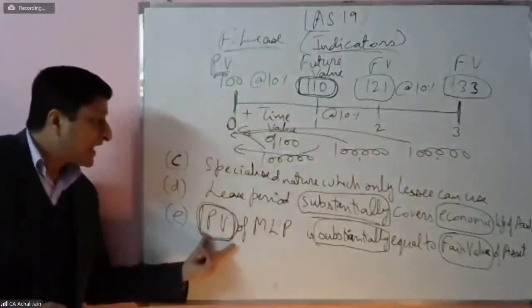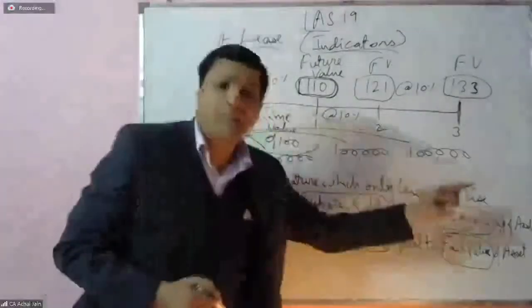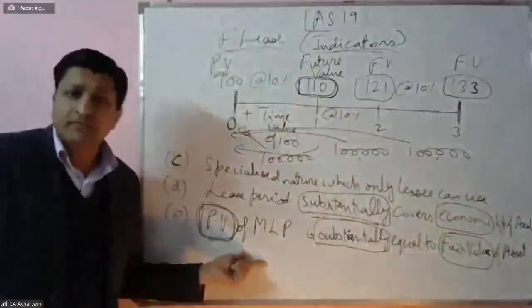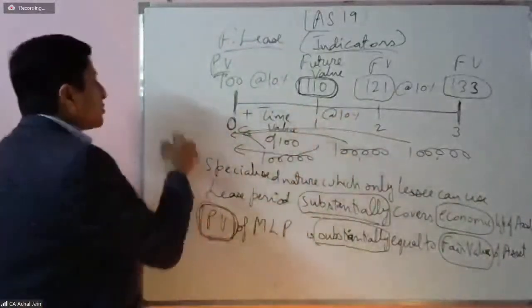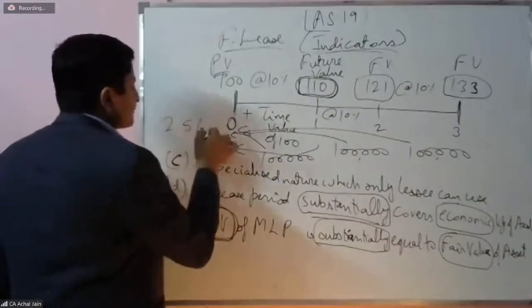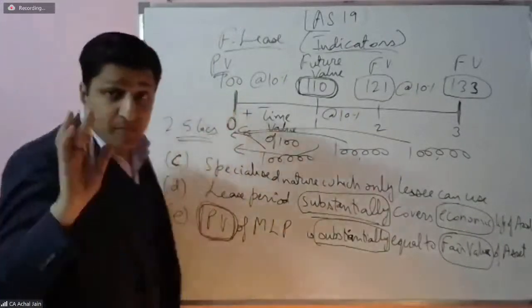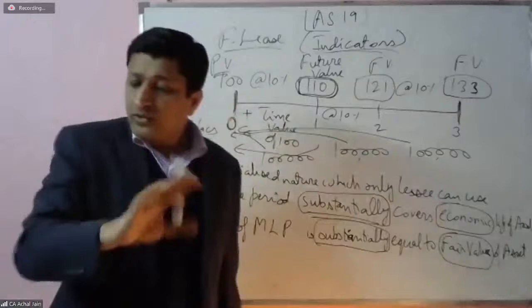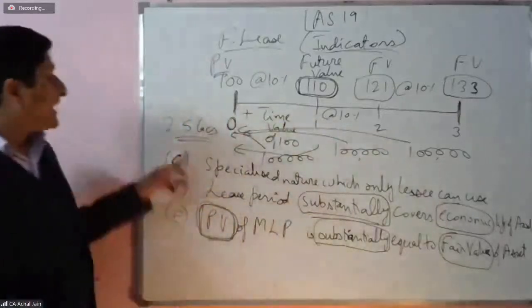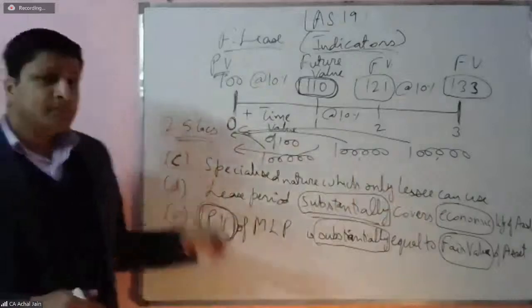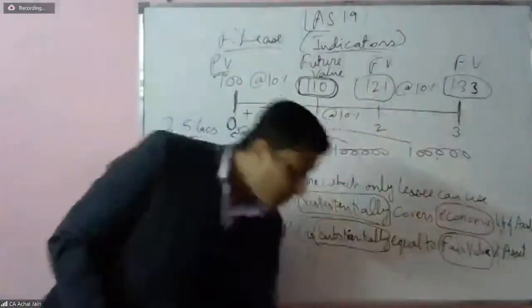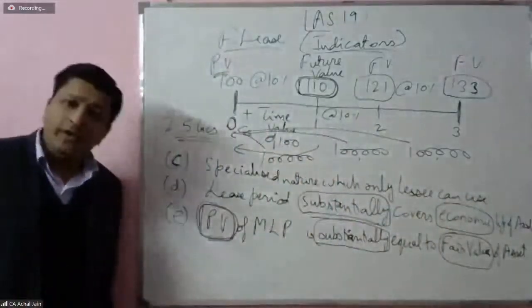Present value of all these MLPs need to be computed. Let's assume it comes out to 2.5 lakhs. I am assuming, please don't get into the arithmetics. Let's assume present value of MLPs become 2.5 lakh. Okay.